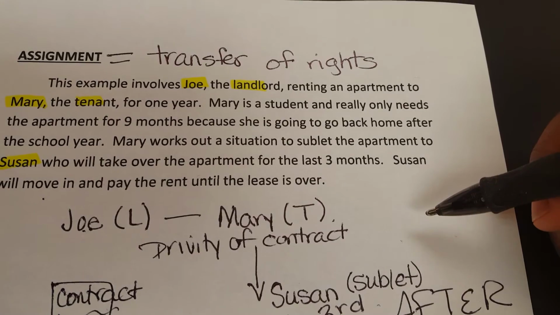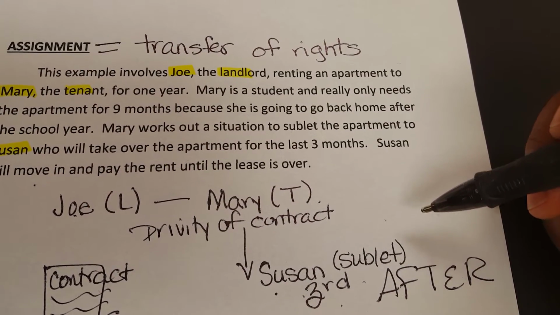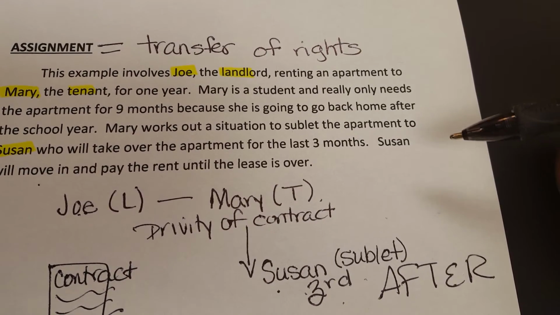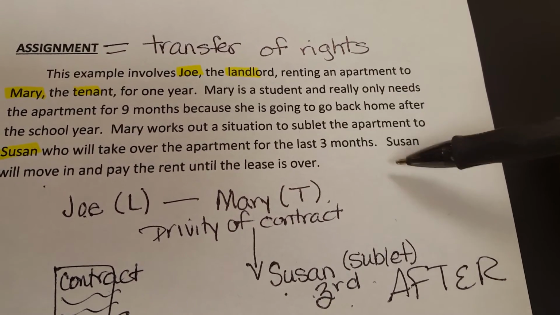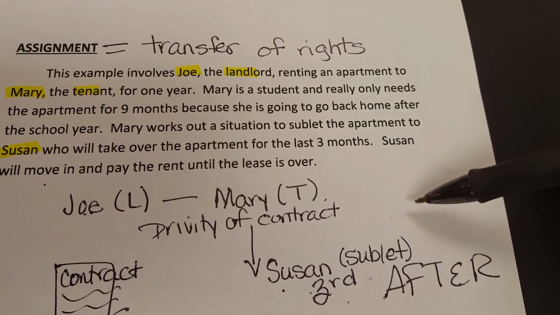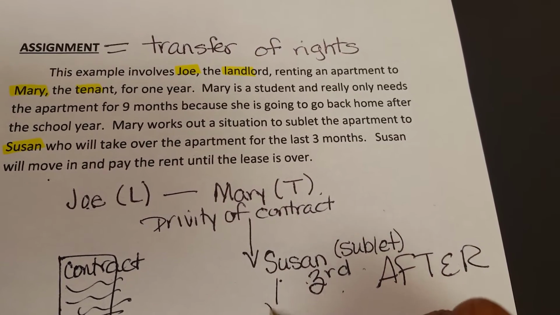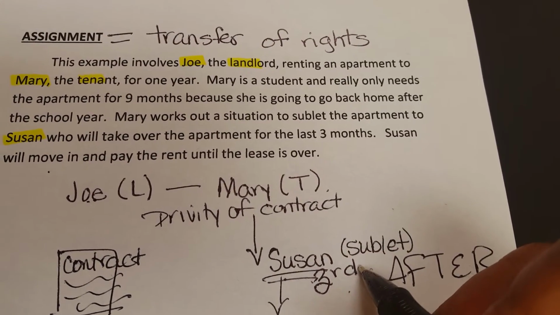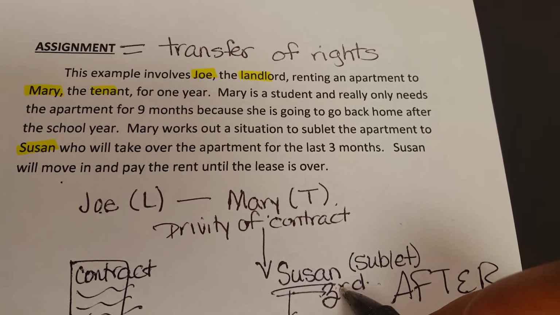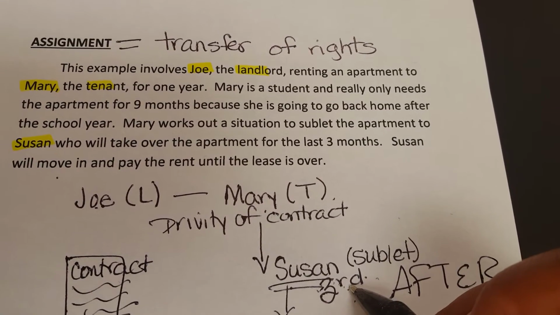Most contracts can be assigned. In your handout notes the exceptions, and the effect of this type of relationship, that is the law here, is that the assignee, that's what Susan is, will stand in the shoes of the assignor, and Susan will now have contractual rights under this contract.